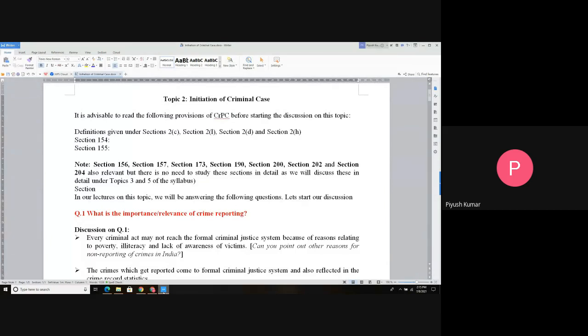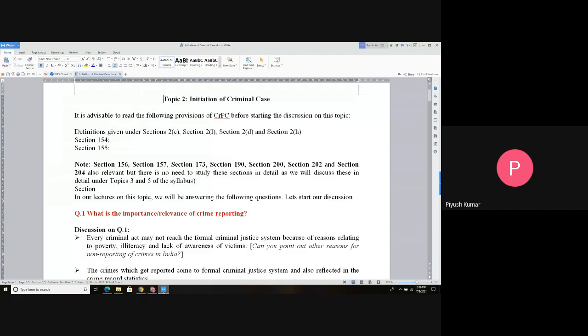So a preliminary comment before starting this topic is that any person who is studying this topic must read the definitions provided under section 2C, 2L, definition of cognizable offense, non-cognizable offense; 2D, definition of complaint, which I haven't discussed with you, but I will refer to briefly, because I will be discussing complaint in detail later on with cognizance; and section 2H, it's about investigation.